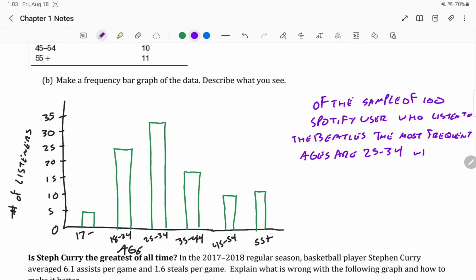While the least frequent were 17 and under. All right, just call out the most basics of things.